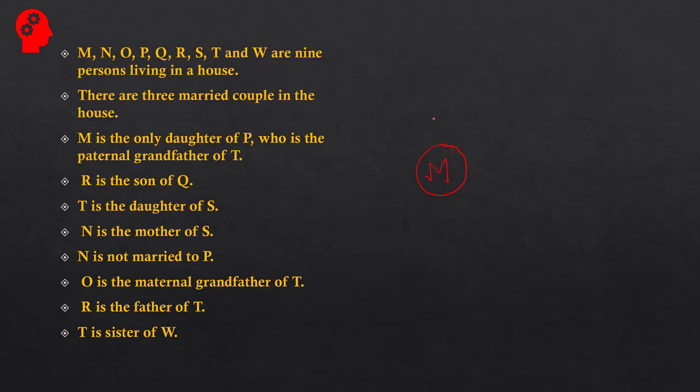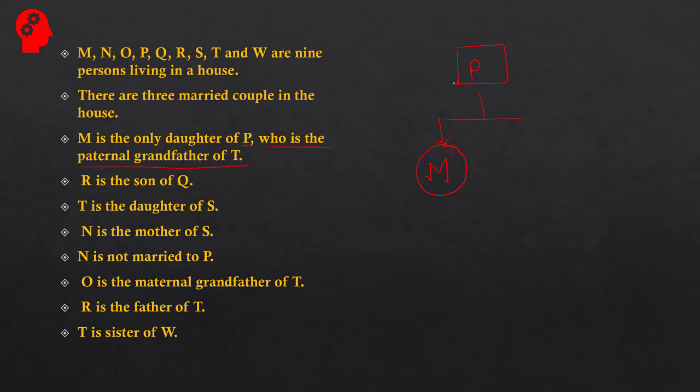Only daughter would mean that P does not have any other daughter. P, who is paternal grandfather of T. So P would be a male member. Paternal grandfather of T would mean he is father of T's father.